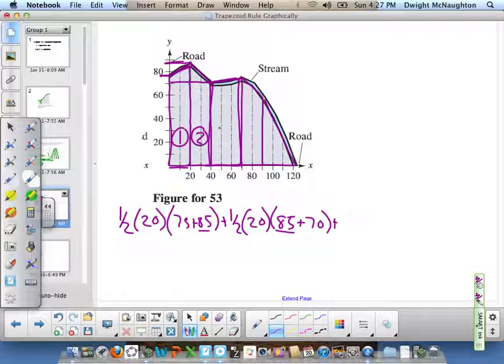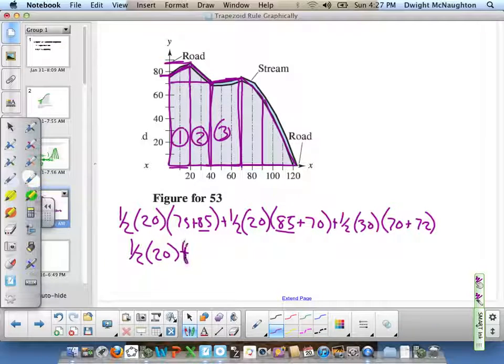And I'll do my third trapezoid. This one, the base is 30. And my height is 70 plus, it looks like 72. And I'll do my fourth trapezoid, which is 20 again, times the sum of the heights, which is 72 and this one looks to be about 60.